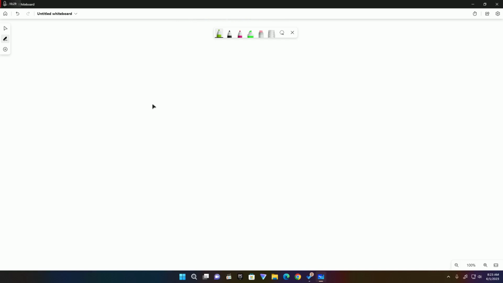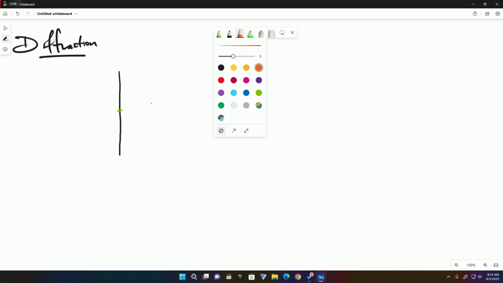Now, diffraction, D-I-F-F-R, that does not look like an F. If you have the time, get a sheet of cardboard, punch a small hole in it. Alright, this is a sheet of cardboard. Punch a small hole in a sheet of cardboard, and then get a light source and put it on the other side of the sheet of cardboard.